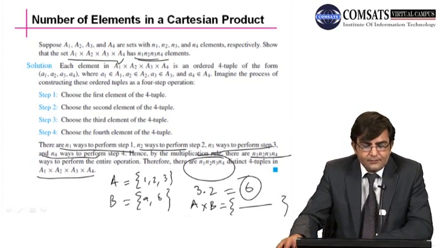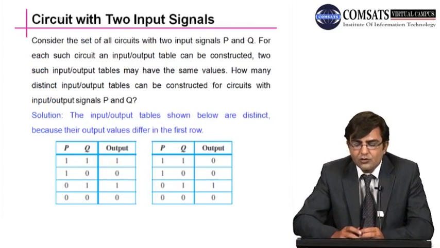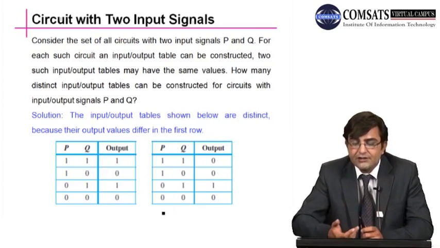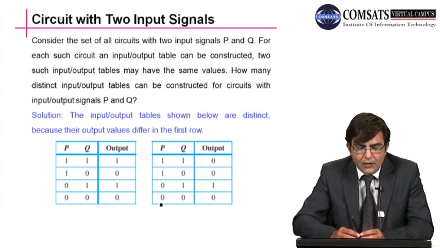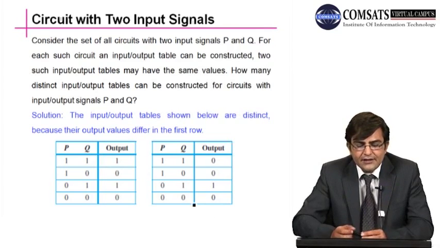So we move further and we discuss circuits with 2 input signals. What are the possibilities of the outcome here? Consider the set of all circuits with 2 input signals P and Q. For each circuit, an input-output table can be constructed.